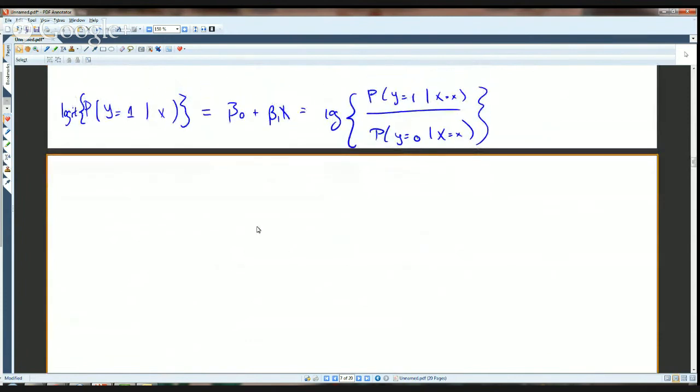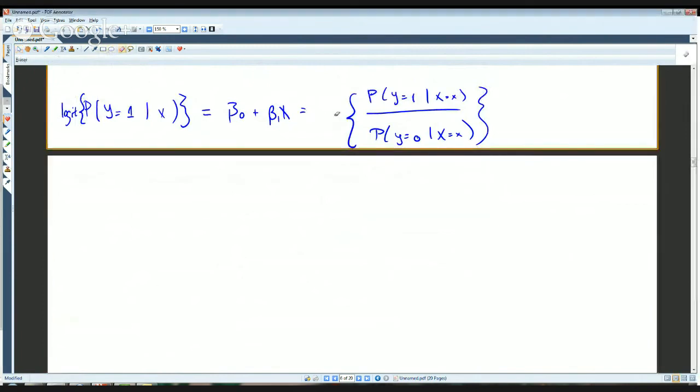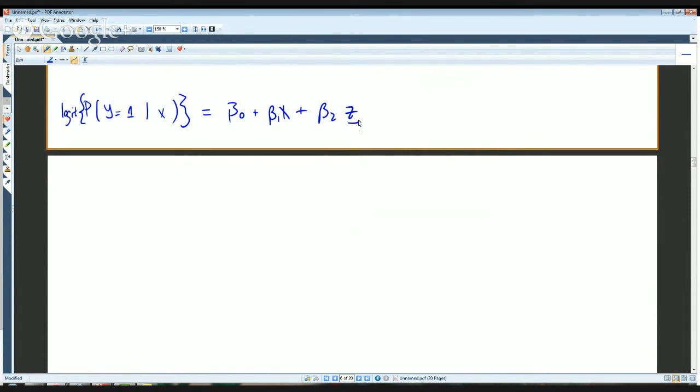So imagine instead of this equation, we had a z variable included, plus beta 2 z. Now just repeat this exercise, but hold z constant.